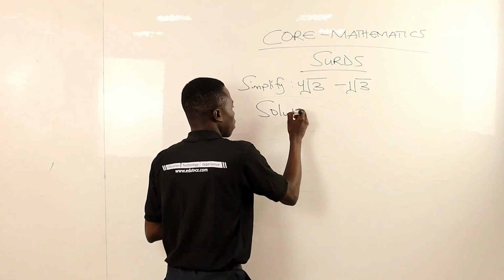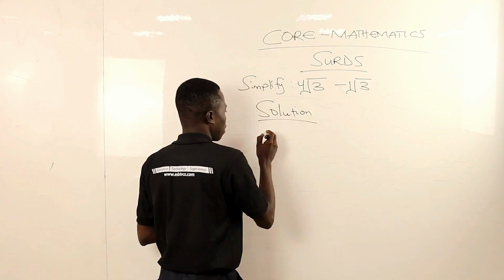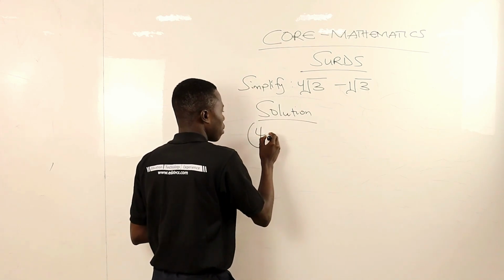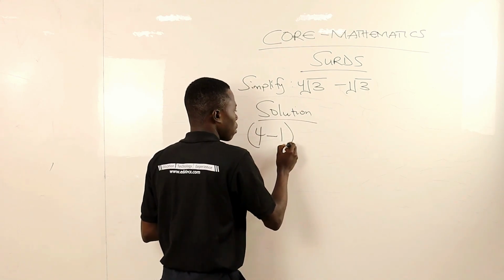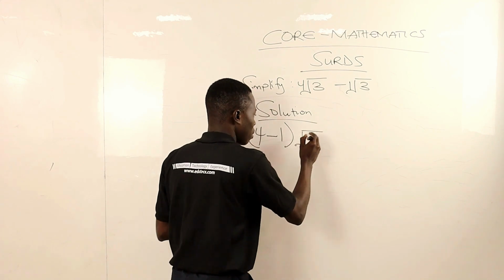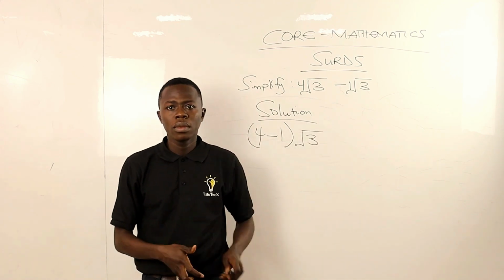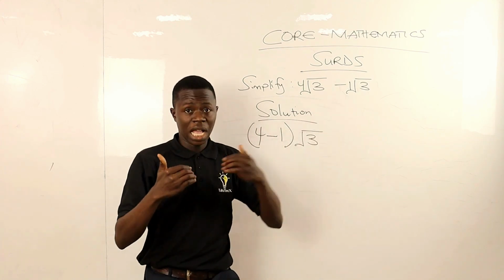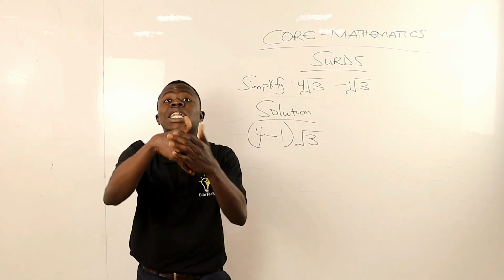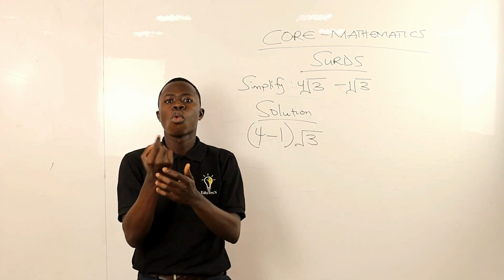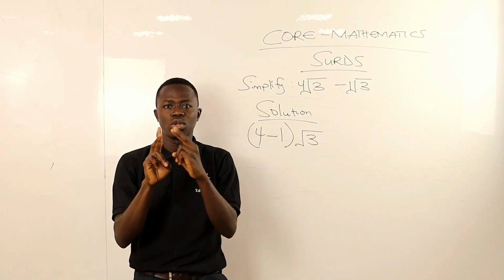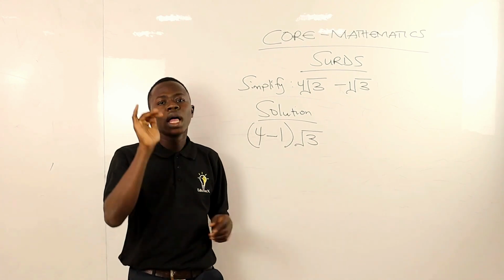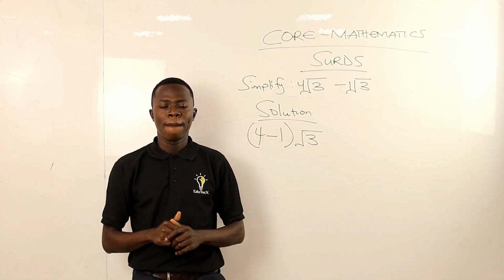Let's express that on the board. So we have in one bracket 4 minus 1. Then, just like you remember in this lesson, we keep one of the sets, which is the square root of 3. So we write square root of 3, just like you can see.